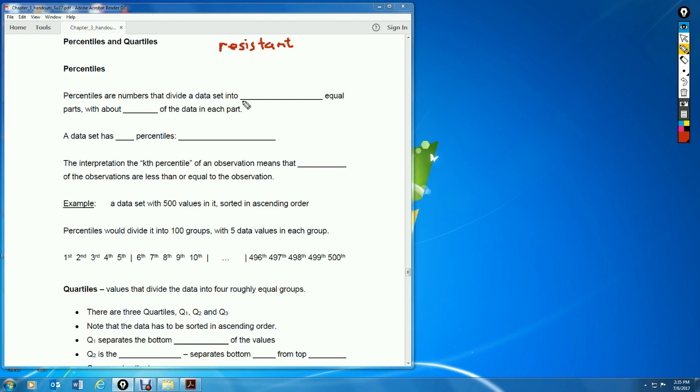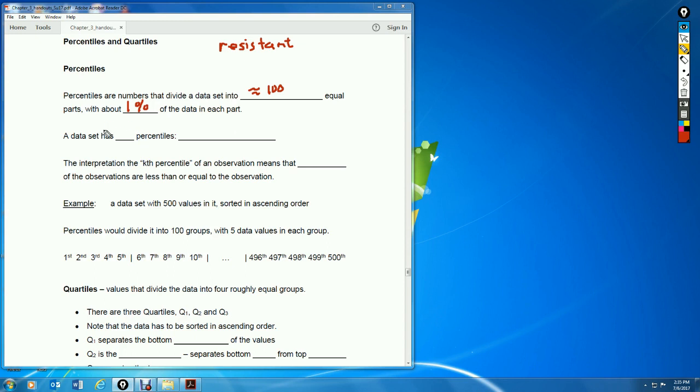So, what are they? They're numbers that divide a data set into approximately 100 equal parts, okay, with about 1% of the data in each part. So you have a whole data set, however many data values, and you're going to split it up into about 100 parts.